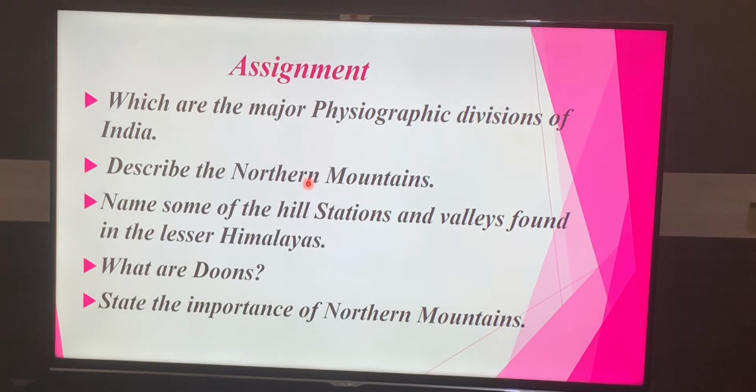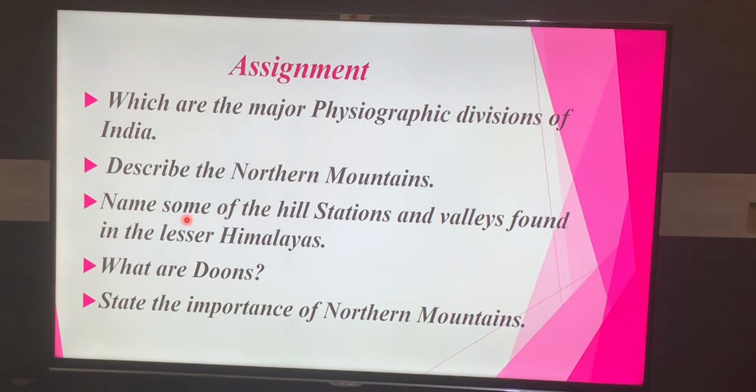They extend from Indus Gorge in the west to Brahmaputra Gorge in the east for 2,400 kilometers. The width varies from 240 to 320 kilometers. These are the points you have to write in Northern Mountains.